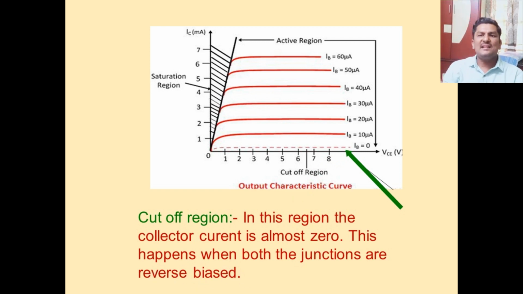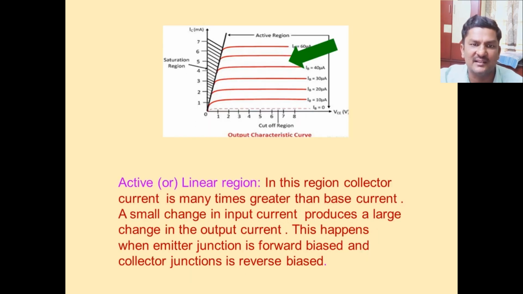This happens when both the junctions are in reverse bias condition. So in the cutoff region the value of IC is almost 0, and this happens when both the junctions are in reverse bias condition.